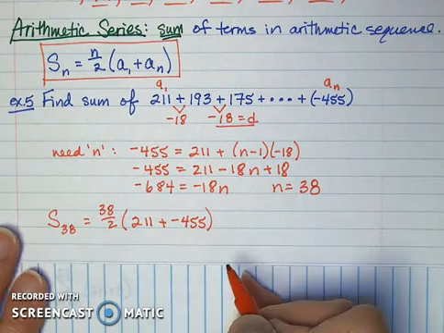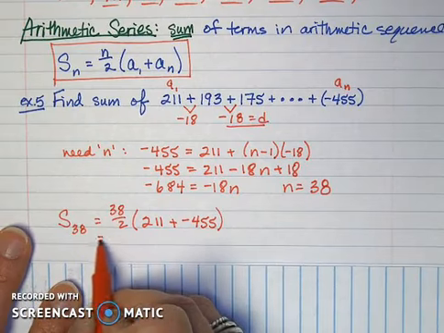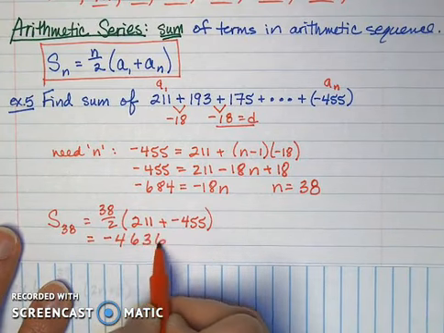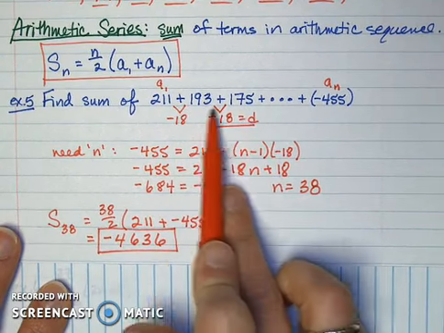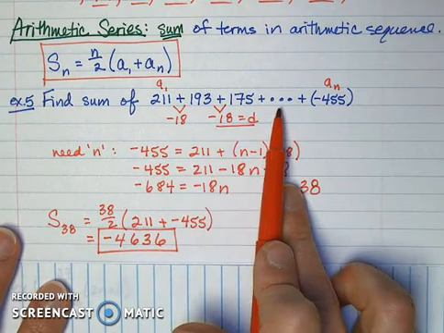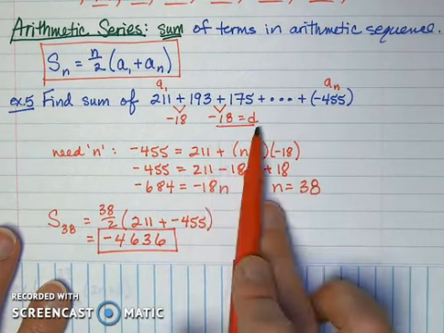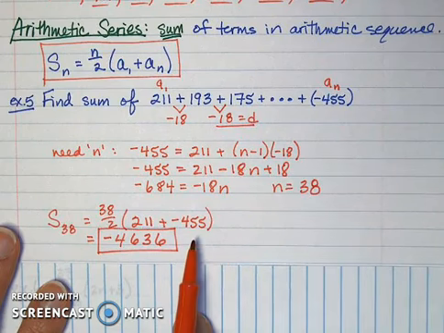Easily calculated, that sum, divide, and you will get negative 4,636. Much easier than sitting there and calculating all of this sequence until you get to that term, all 38 terms you know now, and then adding them up. This was much faster. So we like these formulas.